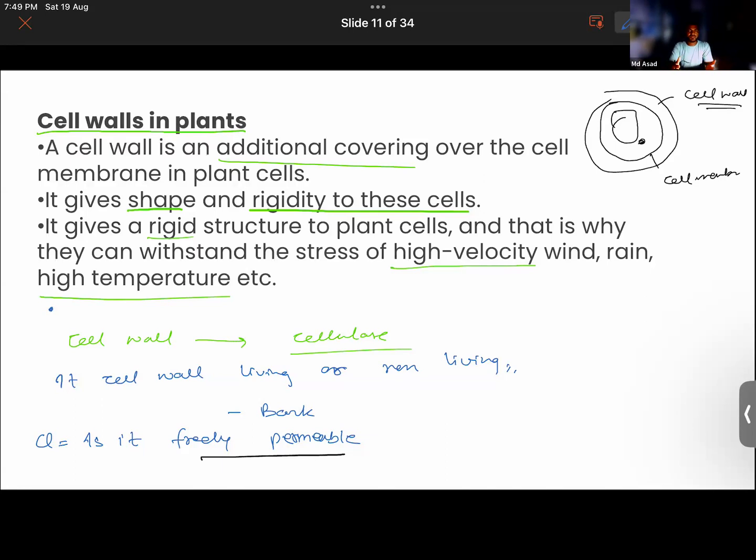Now, a few more things that we missed in the last class. You have fungi such as mushrooms. Very surprisingly, they also have a cell wall. But the difference is that the cell wall of plants is made up of cellulose, but the cell wall of mushrooms is made up of another chemical compound called chitin.